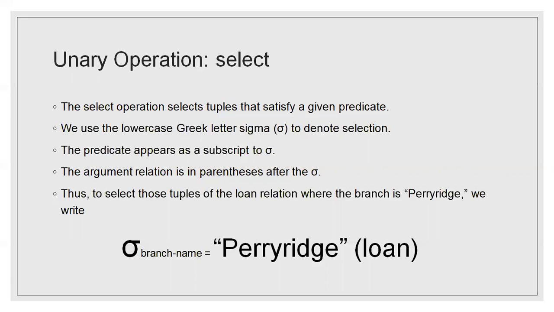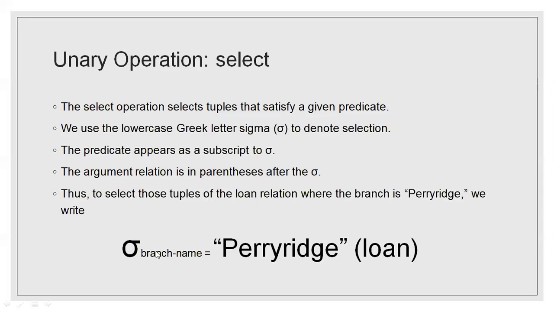Thus, to select those tuples of the loan relation where the branch is Perryridge, we write the query as below. Sigma with subscript branch name equal to Perryridge, and in brackets, loan. So this is how the query is written.